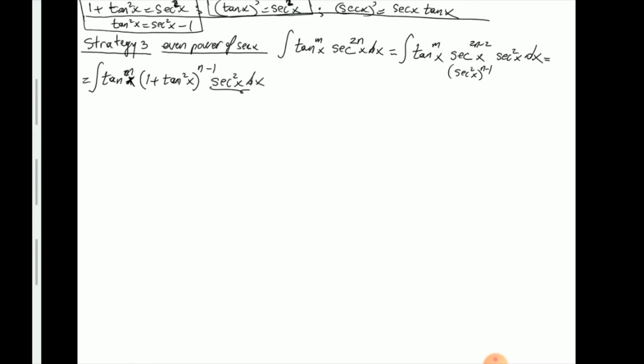So this will be your du if you make the substitution u equals tangent of x. So basically you're left to integrate a polynomial like before, u to the m times (1 plus u squared) to the n minus 1 du, and then you proceed from here. And let's do an example right away.